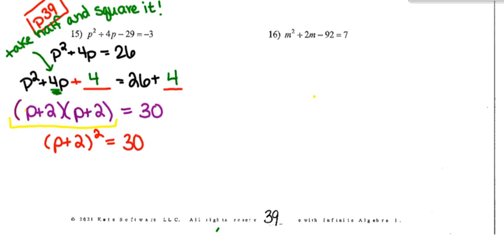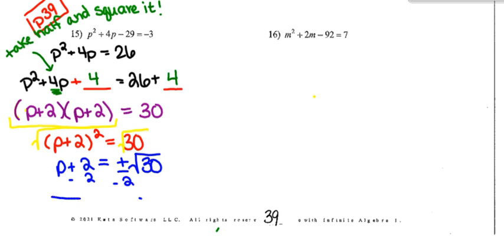I'm now going to go ahead and take the square root of both sides, remembering that when I take the square root of the right side, I have to take both a positive and a negative square root. So that gets me to p plus 2 equals positive or negative the square root of 30. And then to solve for p, I'm simply going to subtract 2 from both sides.